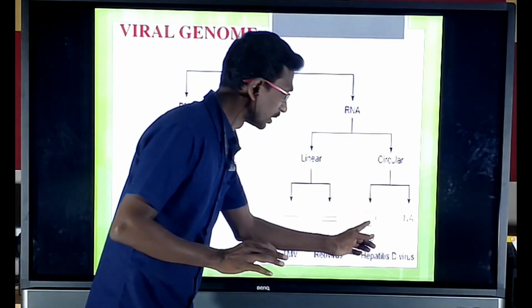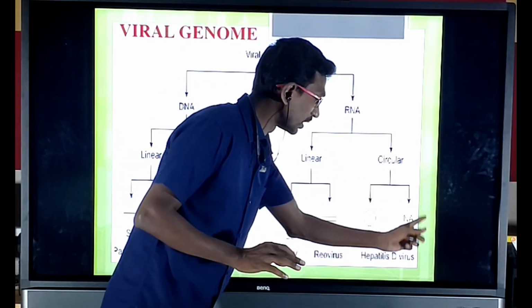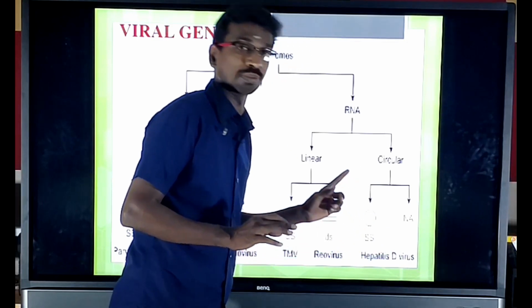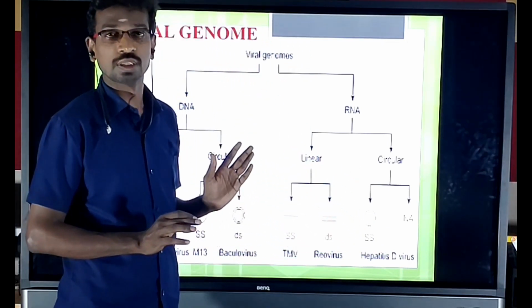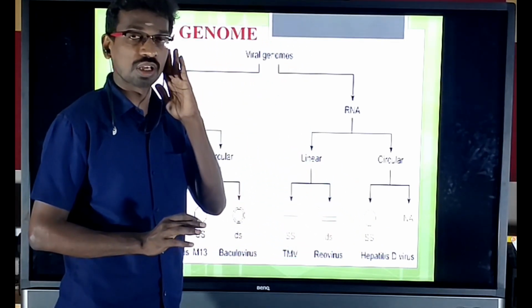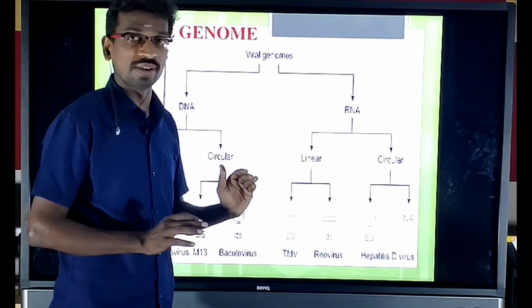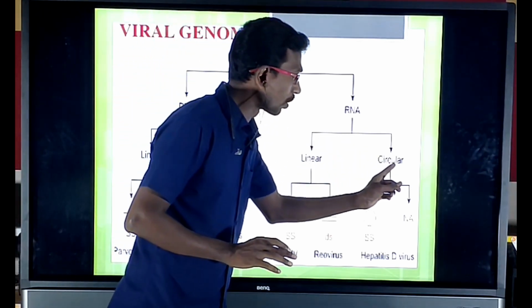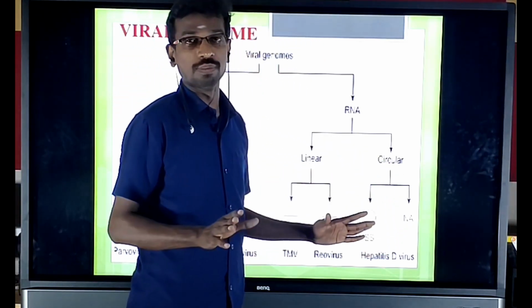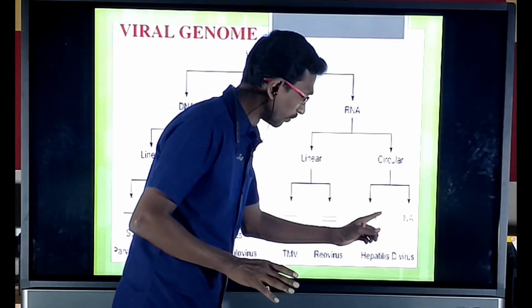Circular RNA is a very rare case, but double stranded circular will be absent in RNA. It is a characteristic feature of RNA viruses that circular with a double strand is not applicable.